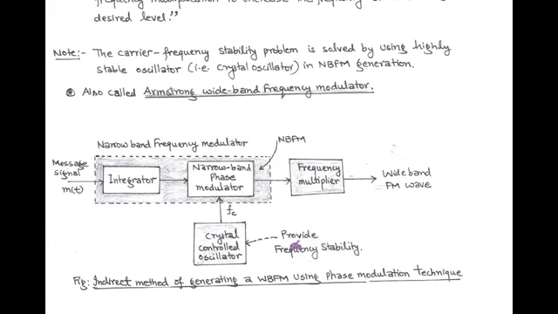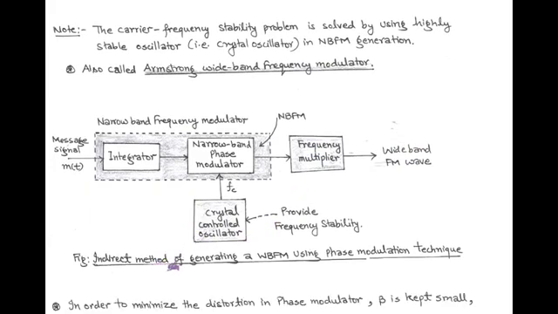The first part, that is the generation of narrowband FM, we have already discussed in our last video lecture. This narrowband FM gets converted into wideband FM using a frequency multiplier. This whole combination is called the indirect method of generating wideband FM using the phase modulation technique.